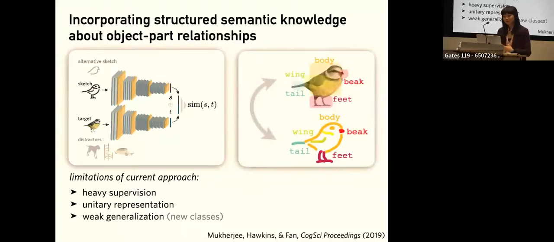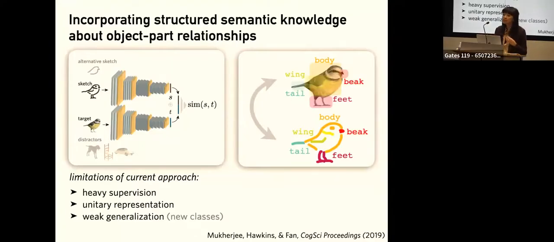And the central problem, I think, is that we were ignoring this rich analogical structure that objects and sketches share. In other words, the pictures that people make of objects, in which the relations between parts of an object, for example, the spatial relations between the beak, body, wings, and feet of a bird, correspond in systematic ways to relations between parts of a sketch of that bird.